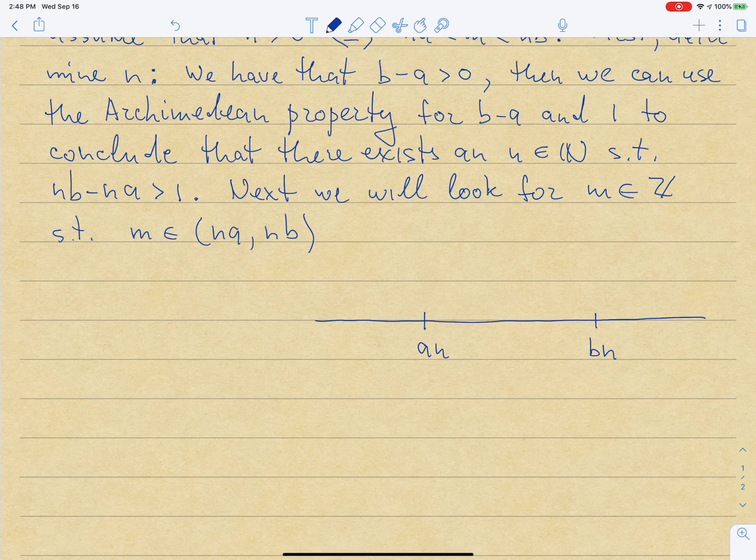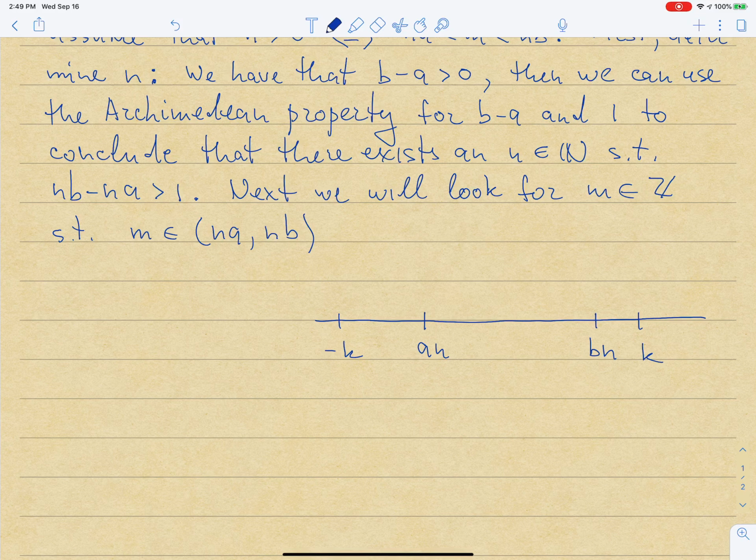So rather than considering all possible cases, we can always choose an integer k, positive integer, natural number k, such that an to bn, the interval an through bn, is going to fit inside an interval from minus k to k, right?